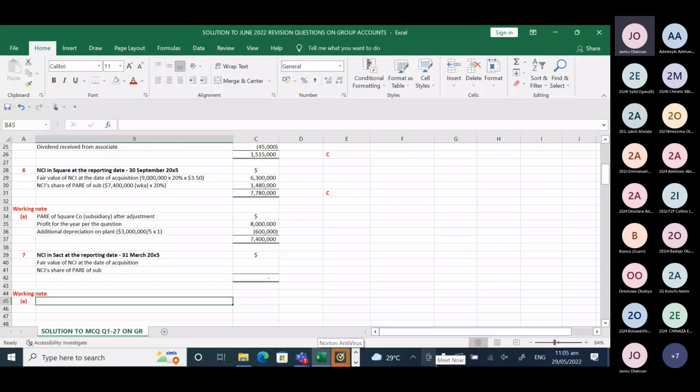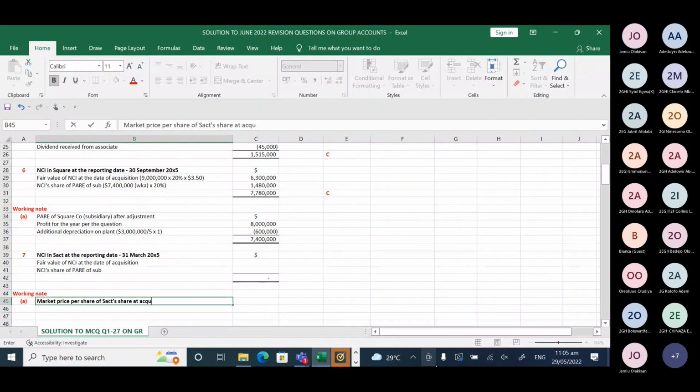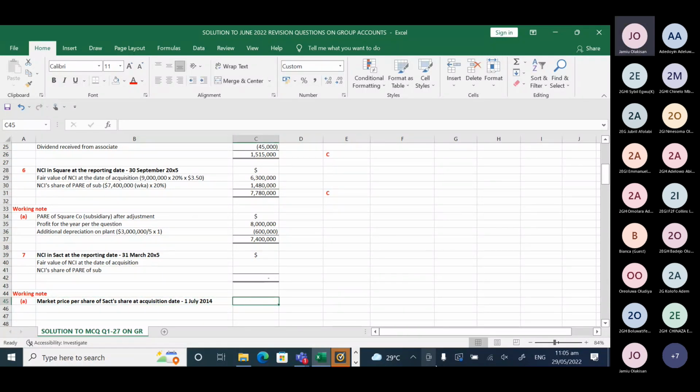I want to determine the market price per share of SAT at the acquisition date, which is 1 July 2014, right?